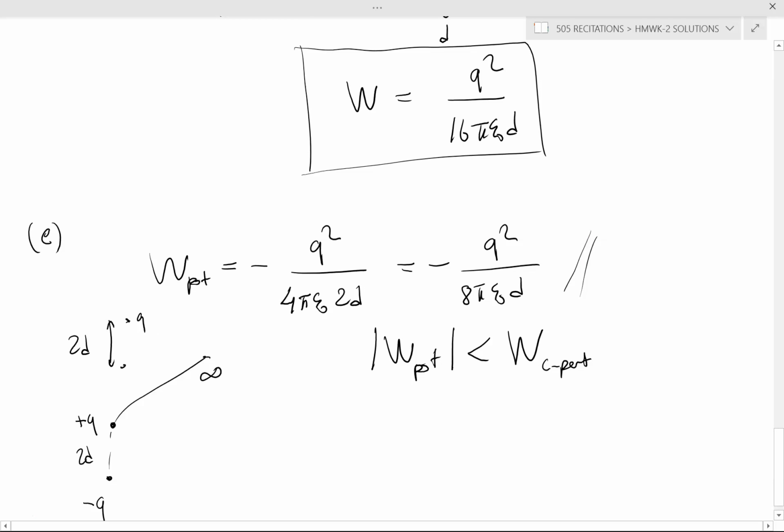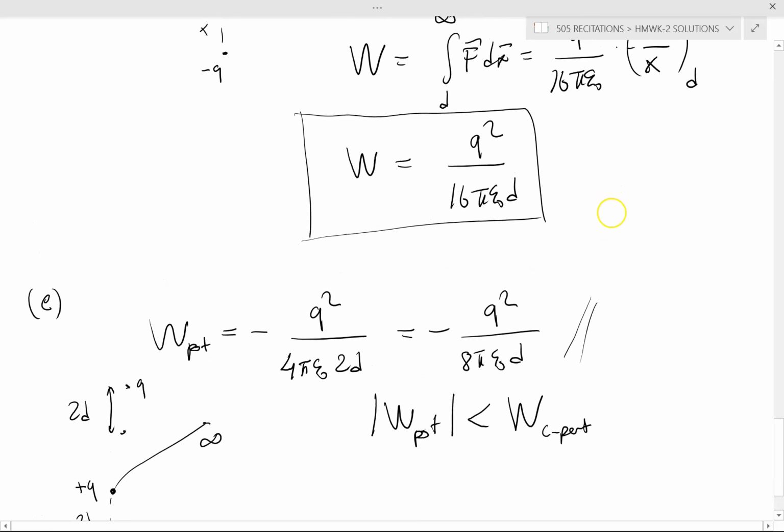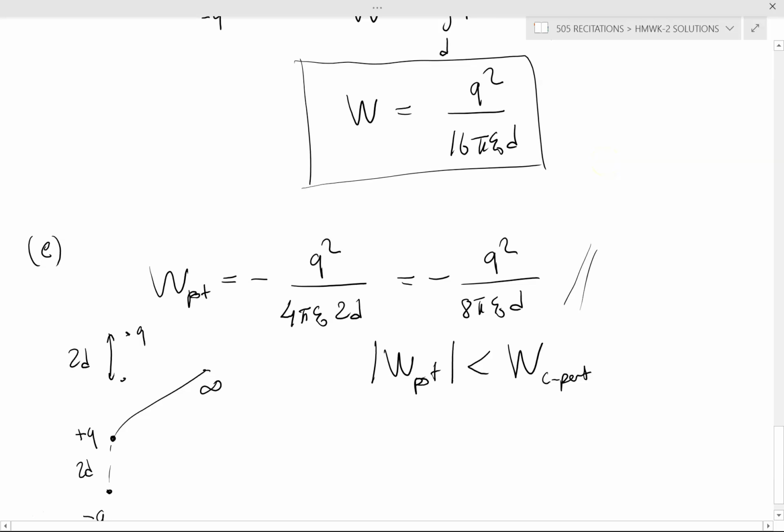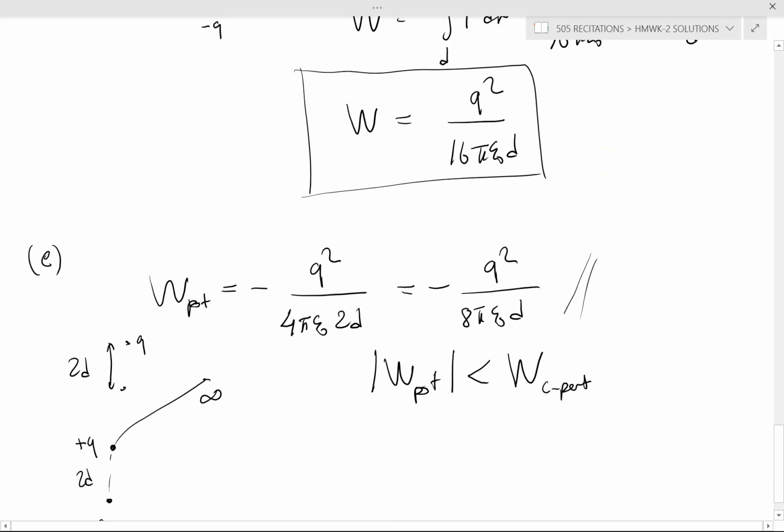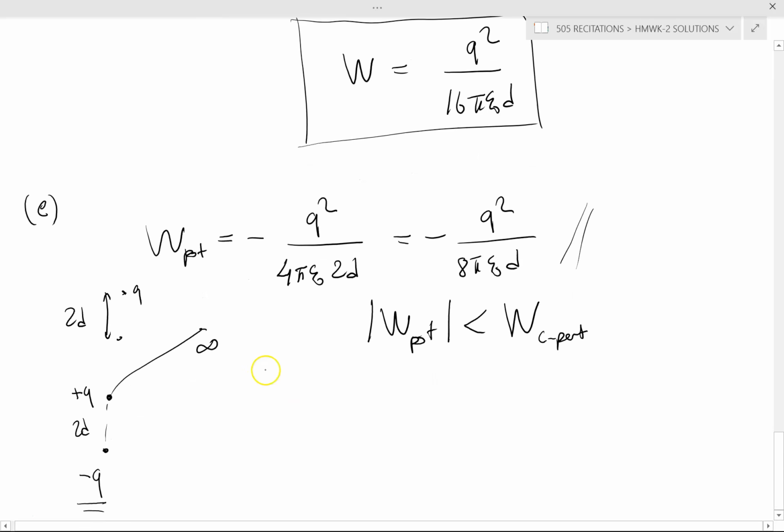However, as I get out of the closeness of the interaction to the infinite plane, I need to do less work, because the method of images tells that once I put it over here, the image also gets far away.